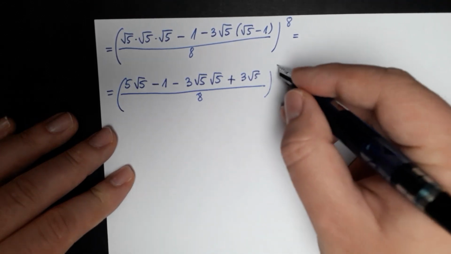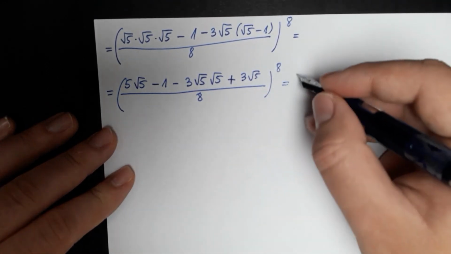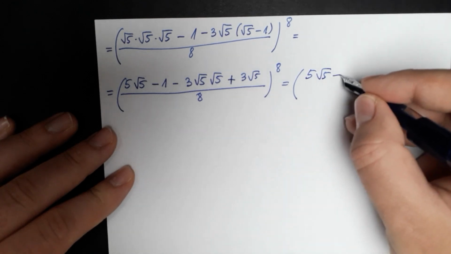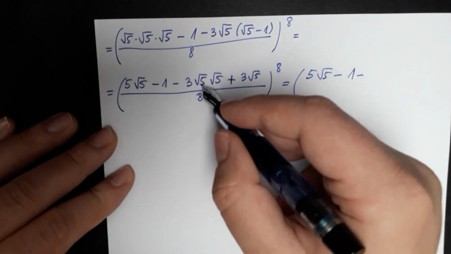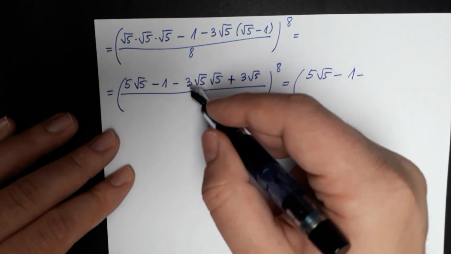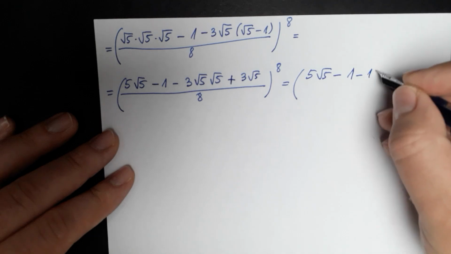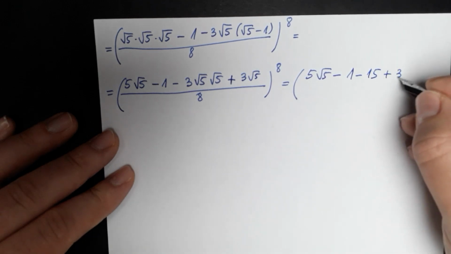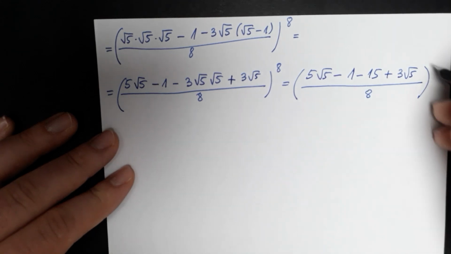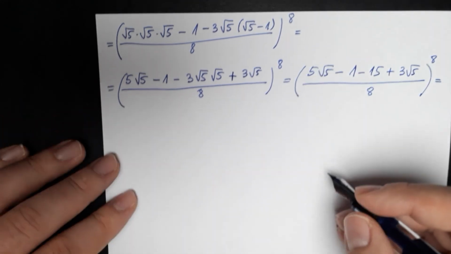That is going to be raised to the 8th power, and then I have 5 square roots of 5 minus 1 minus square root of 5 multiplied by the square root of 5 is 5, multiplied by 3 is 15, and plus 3 square roots of 5 divided by 8 raised to the 8th power.